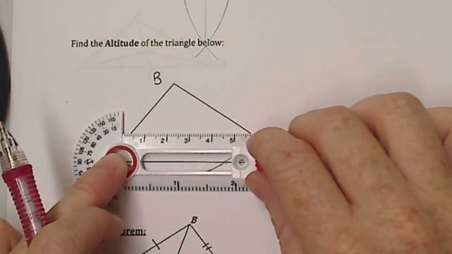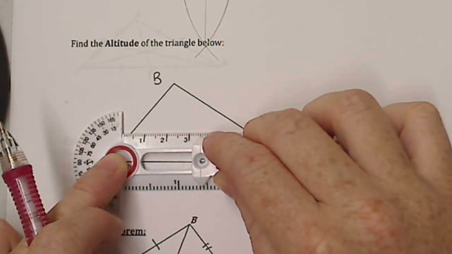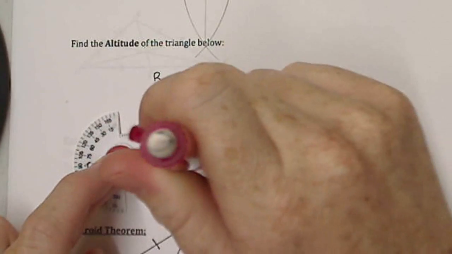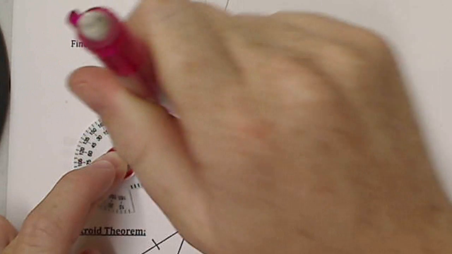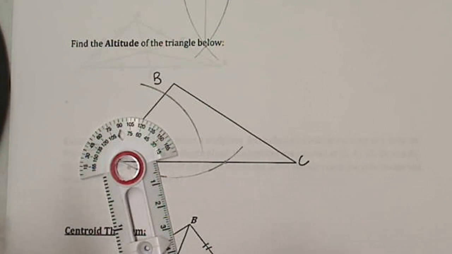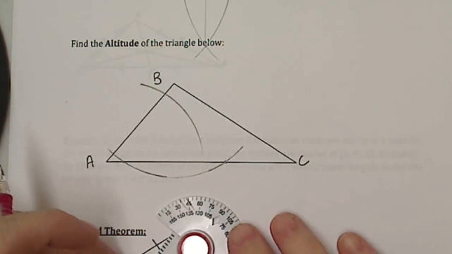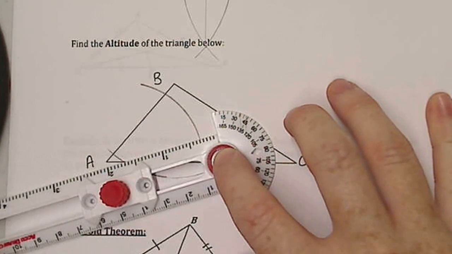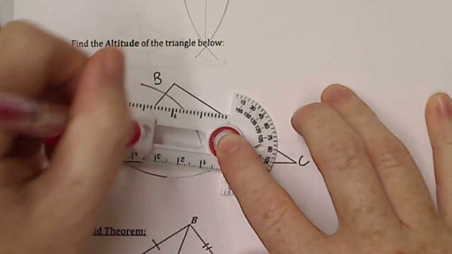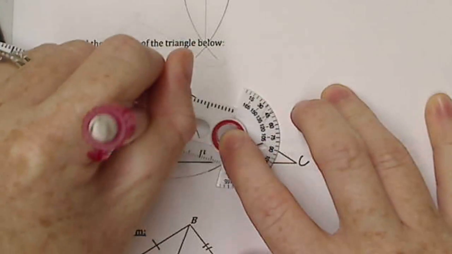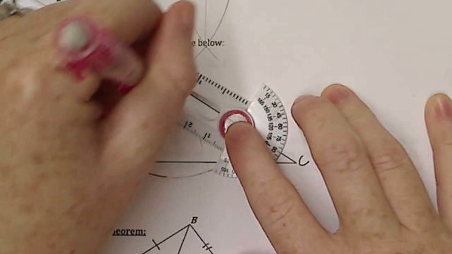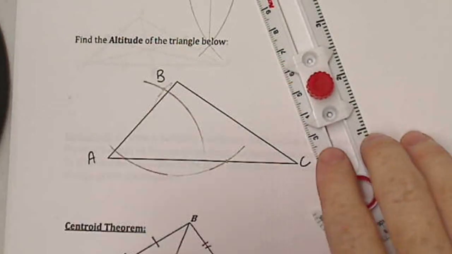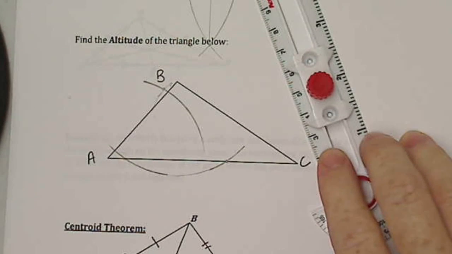So I'm going to move it, let's say right here. Okay, I'm going to swing it up, and I'm going to do the same thing on this side, keeping it there, and I'm going to mark it.